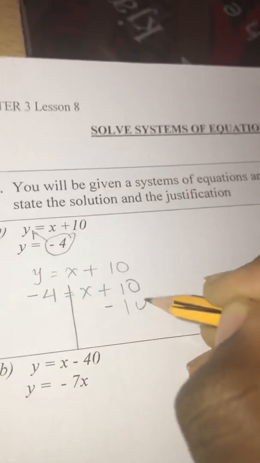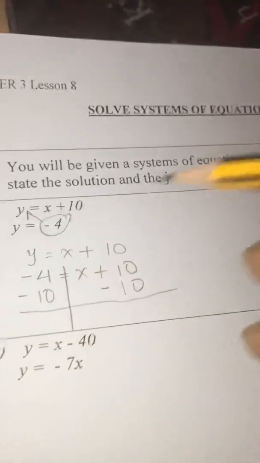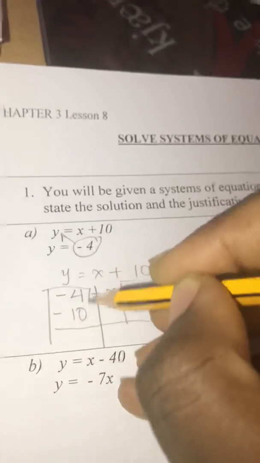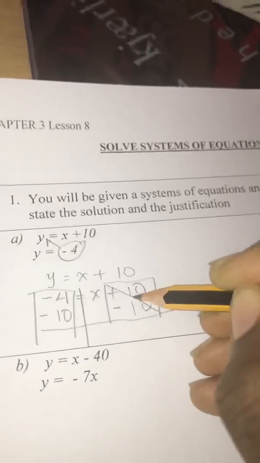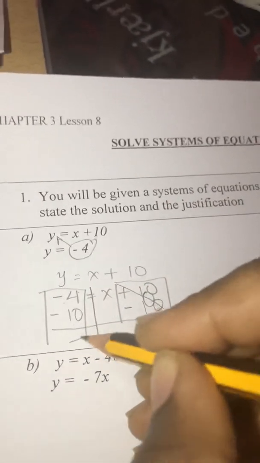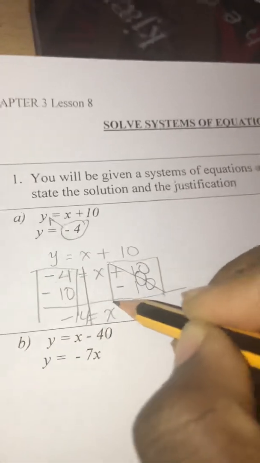So I will subtract 10. So I'm doing subtraction property of equality. So I have this house and I have this house because these are like terms. This house goes away because this is 0. And -4 minus 10 is -14. So that was equal to x.